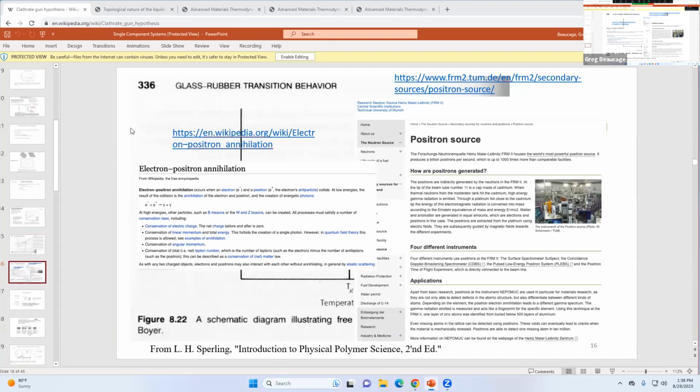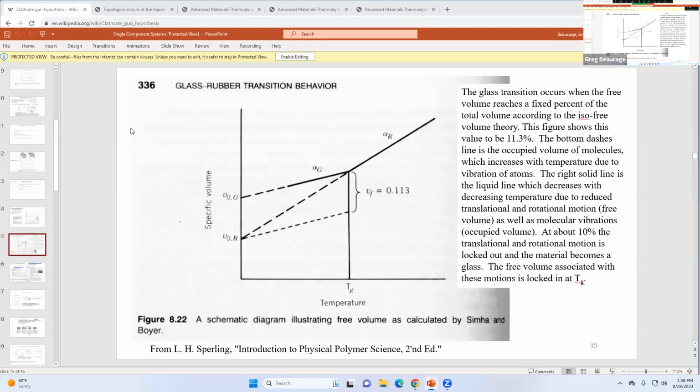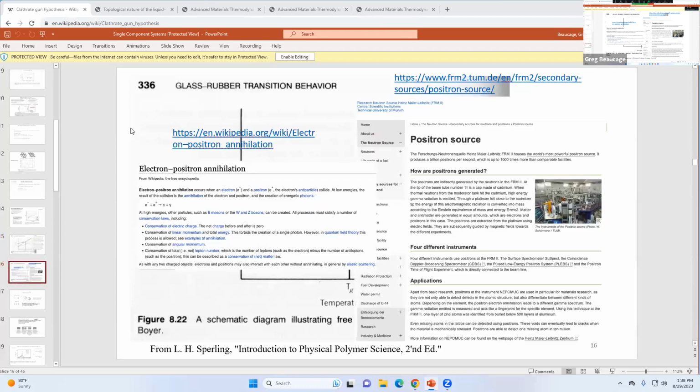Anyway, all right, to measure this, how would you measure that? Well, you can measure the specific volume and get an idea about it. But what people do is they get positrons, which annihilate when they match up with electrons to make nothing, like it's antimatter. You can get positrons from some kinds of metals that give them off.